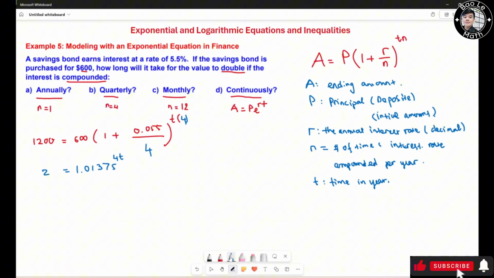And then we're gonna take the natural log of both sides, so we have natural log of 1.01375 raised to the 4t equals natural log of 2. And then we bring 4t to the front, so it will be 4t natural log of 1.01375 equals natural log of 2. So t equals natural log of 2 divided by 4 times natural log of 1.01375.